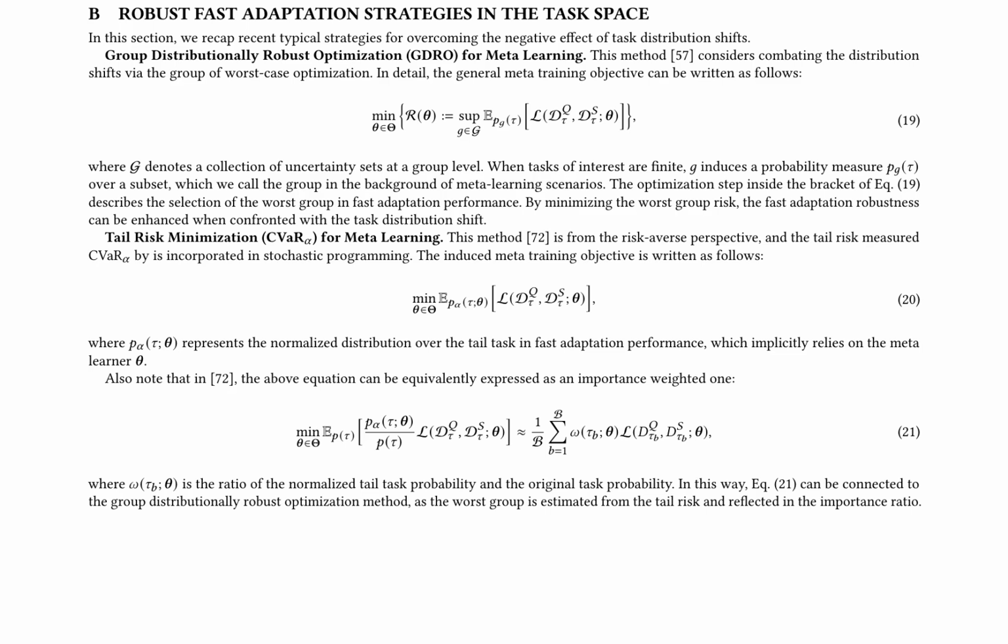Tail risk minimization incorporates the tail risk measured by CVaR alpha in stochastic programming, and the induced meta-training objective is written as equation 20. This approach can be equivalently expressed as an importance-weighted objective, as shown in equation 21, which connects to the group distributionally robust optimization method.